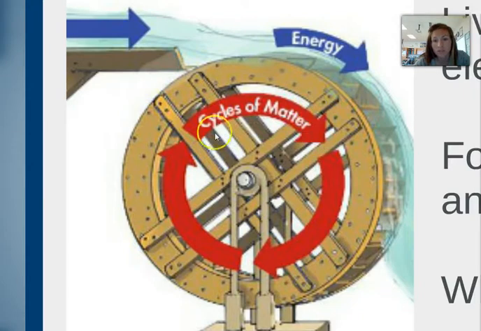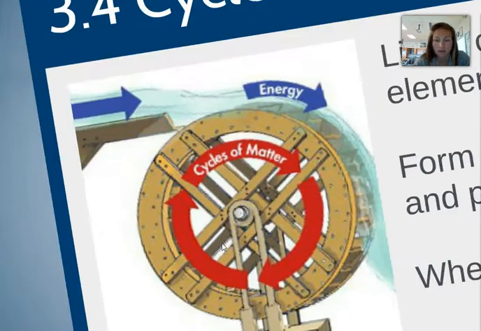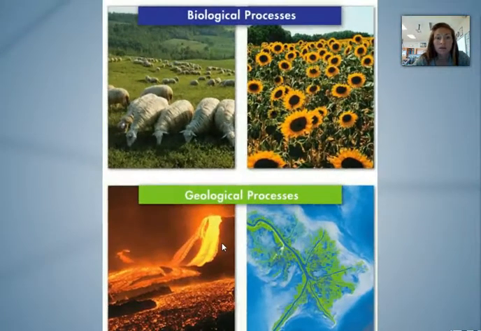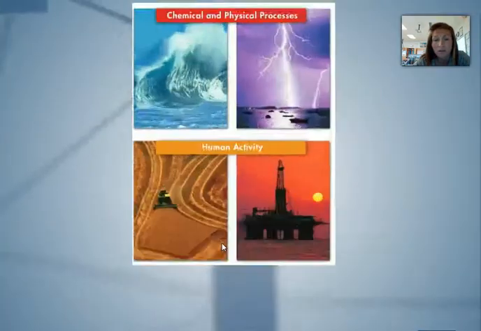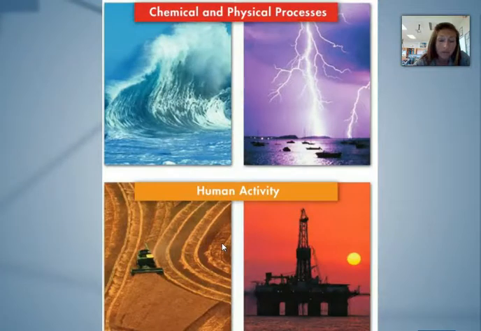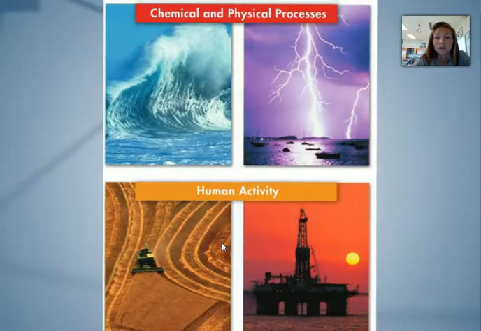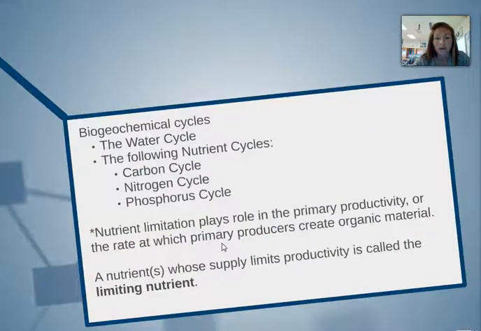But matter will actually continue to recycle itself and pass on from one organism, one environment to the next. And these biogeochemical cycles can be represented in biological processes, geological processes, chemical and physical processes, and human activity. And again, like I said, it's always recycled.